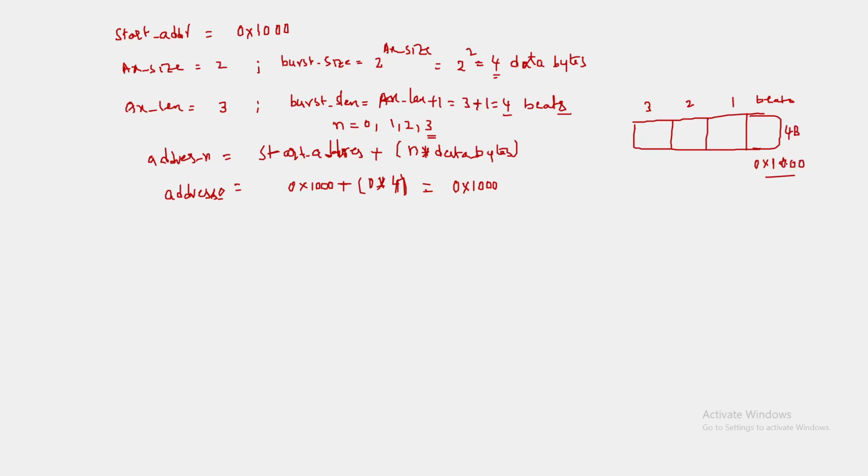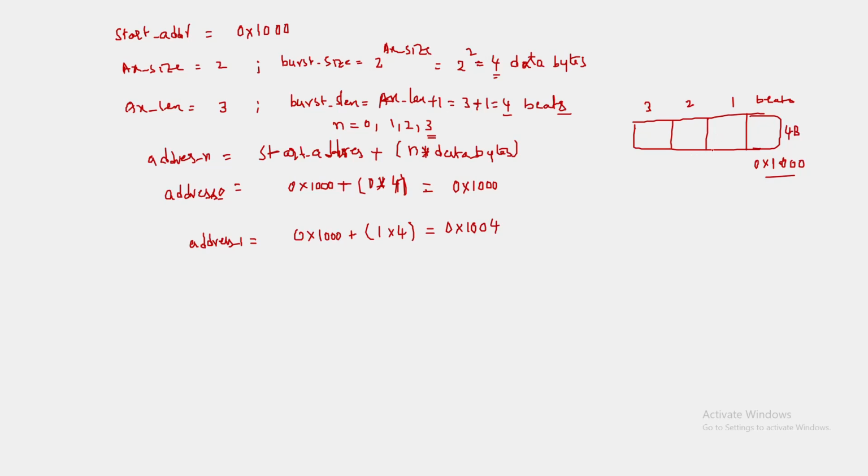And then for the next address, beat 1, how will we calculate it? Same thing, whatever start address we have, I am calculating address 1: 0x1000 plus n value 1, and data bytes 4. Then the next address is 0x1004.